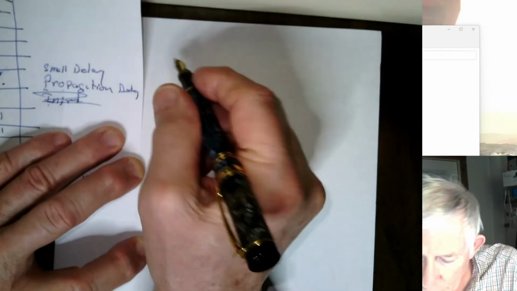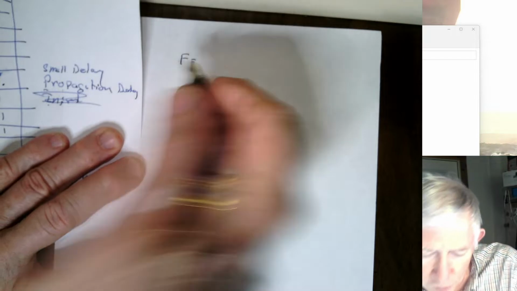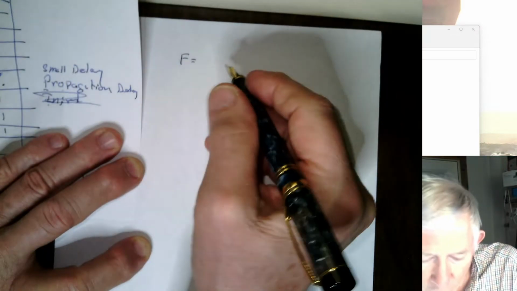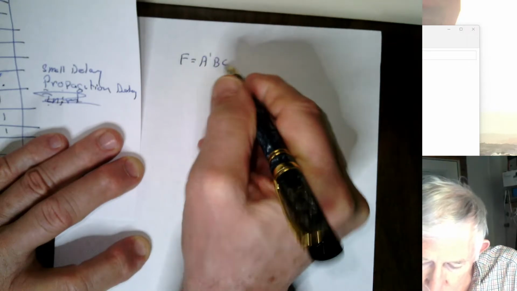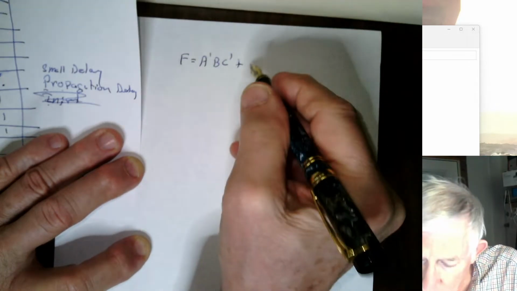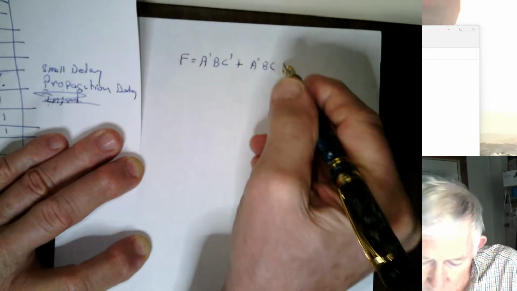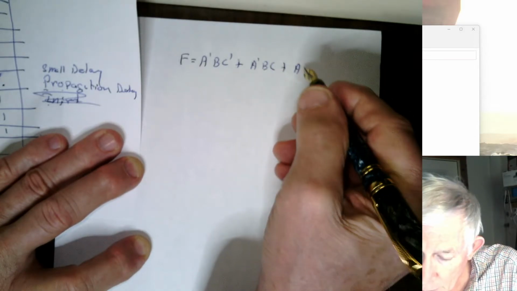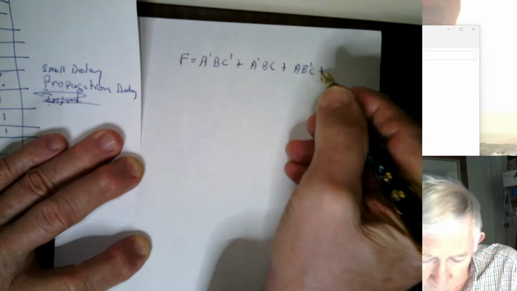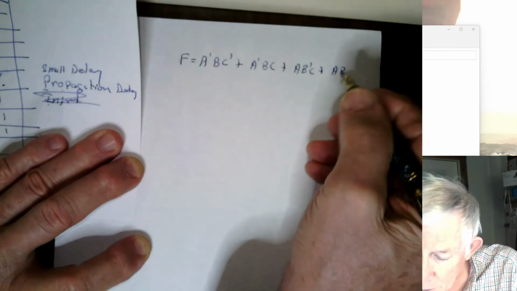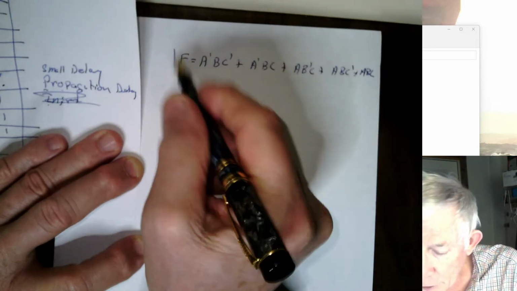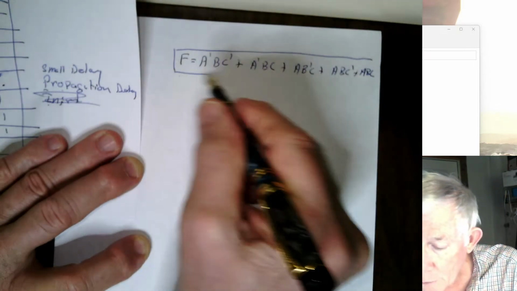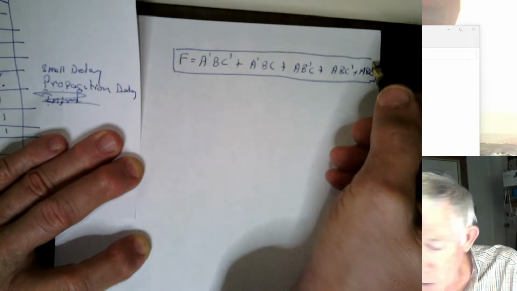So this F would be equal to A prime B C prime plus A prime B C plus A B prime C plus A B C prime plus A B C. Okay, so that actually is one way to express the solution to this truth table I just arbitrarily drew.